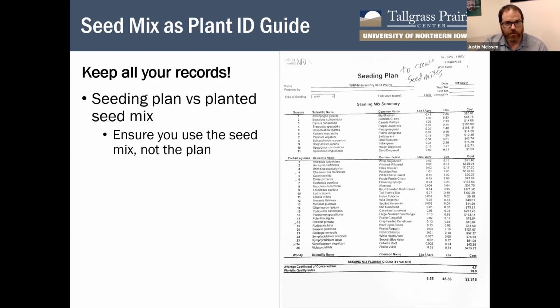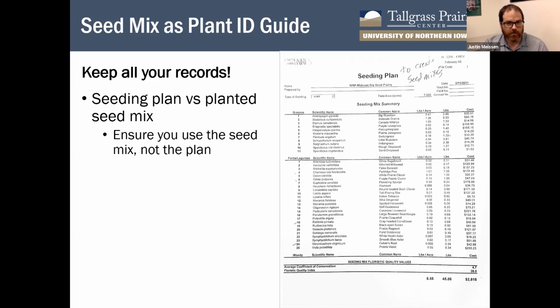A lot of folks will receive the initial seeding plan after working with the NRCS, which is the branch of the Department of Agriculture that helps landowners with conservation programs. And people often assume that that's their seed mix. The document on the right here is an example. You'll note they're very similar to seed mixes.